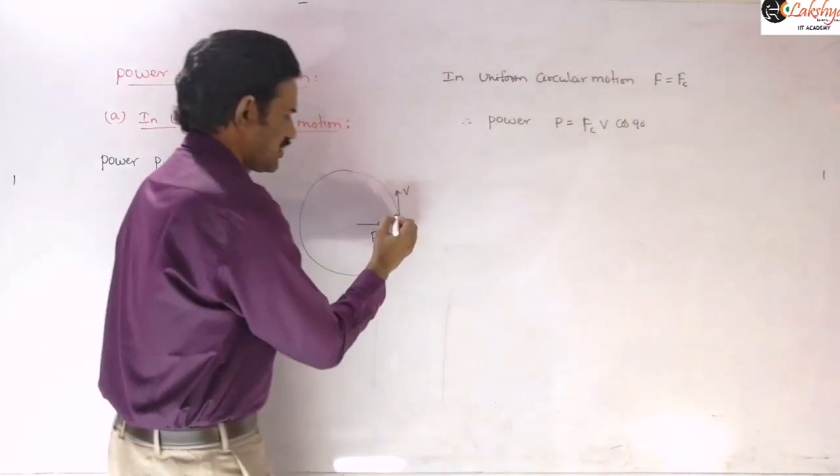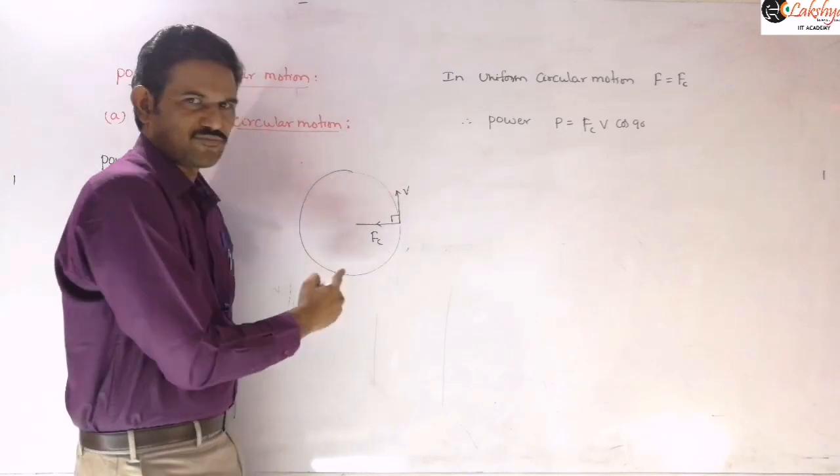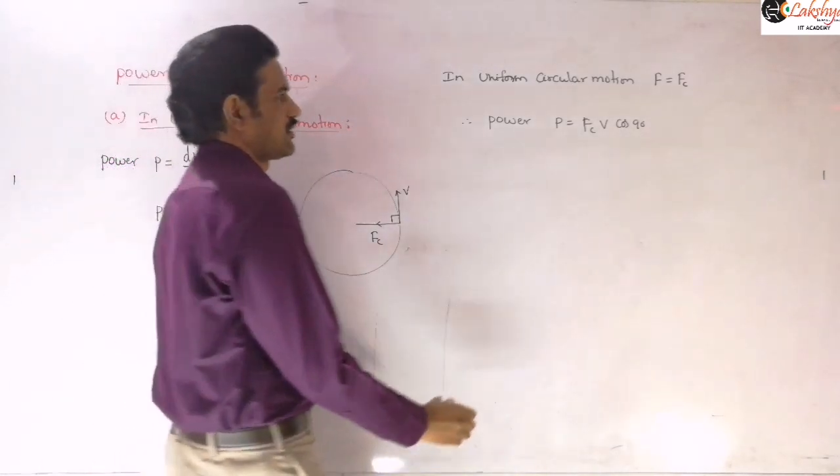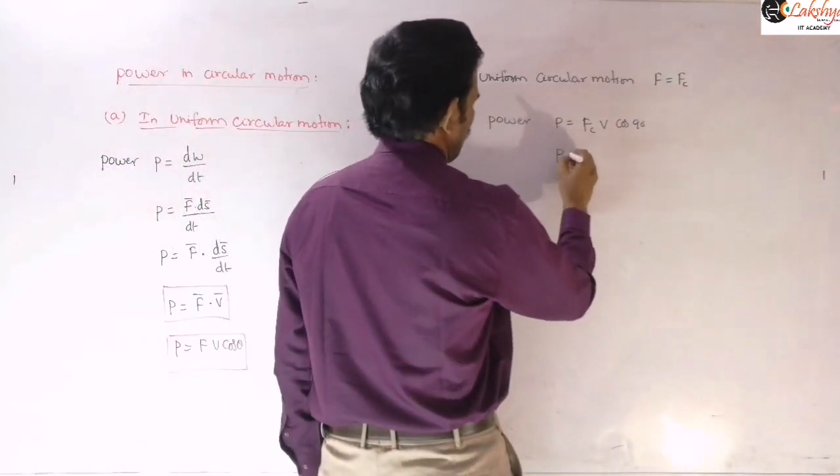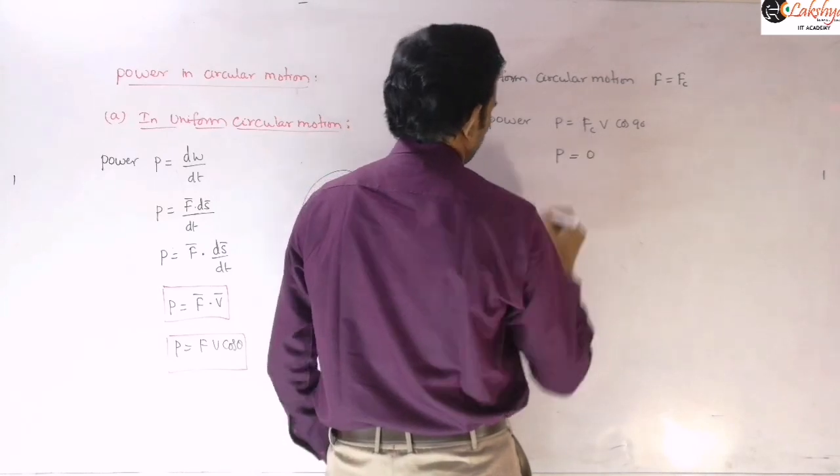The angle between the net force and the velocity of the particle is 90 degrees. Therefore, this value is 0.